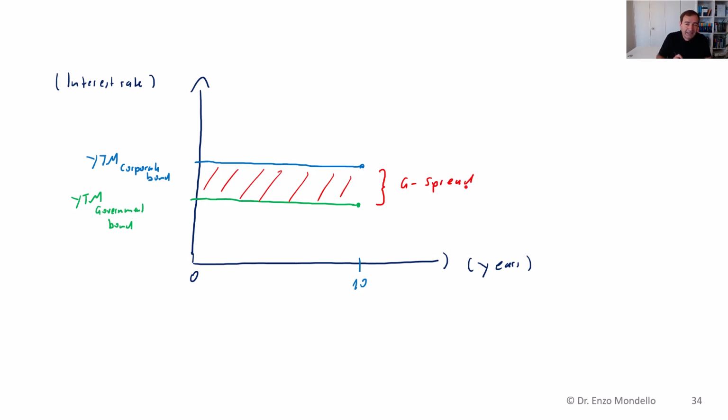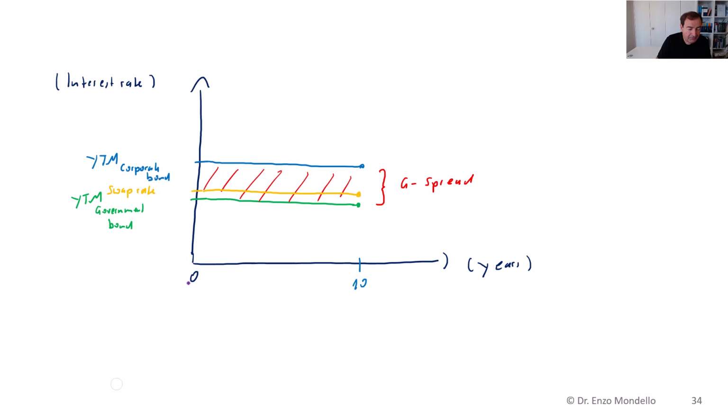Then we can calculate the same yield to maturity of the corporate bond, but now we take as an approximation of the risk-free rate the 10-year swap rate. And then we have to add a risk premium to obtain the yield to maturity of the corporate bond.